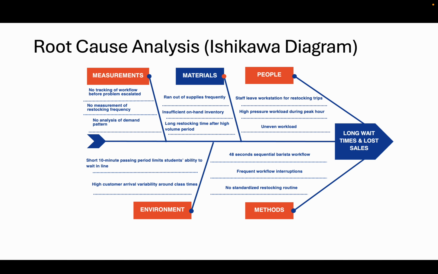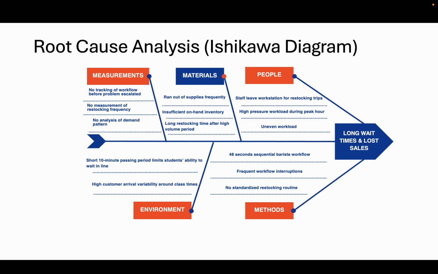Here we used an Ishikawa or fishbone diagram to break down the underlying causes contributing to long wait times and loss of customers. One major issue is that the cafe had no performance tracking before Anna Arrival stepped into her role. They weren't measuring workflow times, restocking frequencies, or demand patterns.